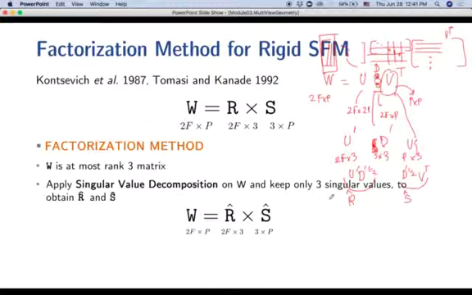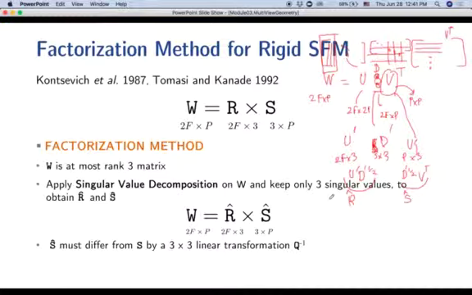Okay, all right. So now comes the only tricky part in this solution. This R hat and S hat is not my real solution. It's just some decomposition of the correct size. Agreed? So it's not my real solution. But my claim is that this must differ from the real solution only by a 3 by 3 linear transformation.